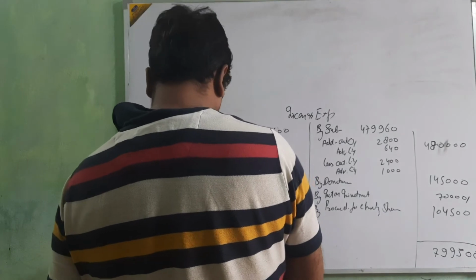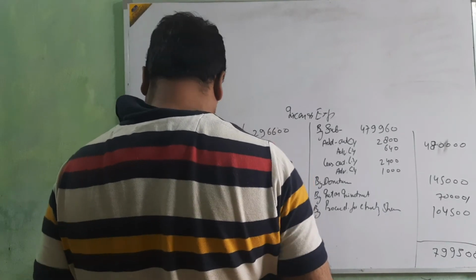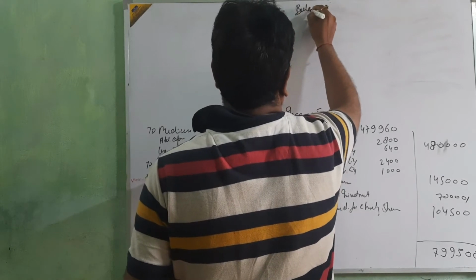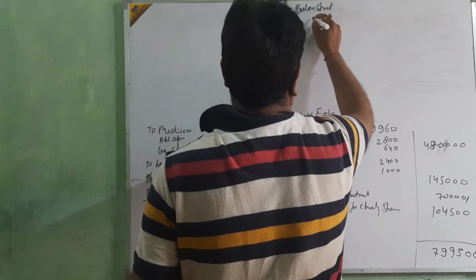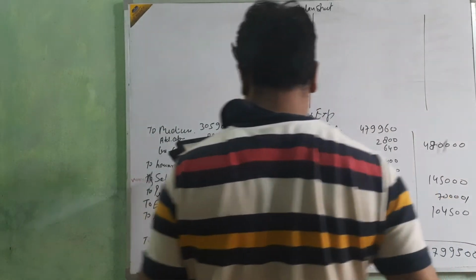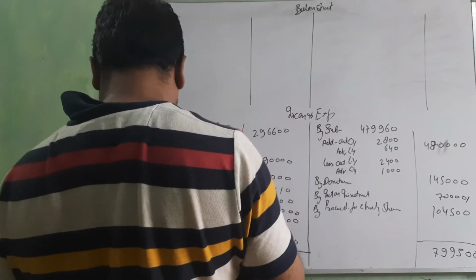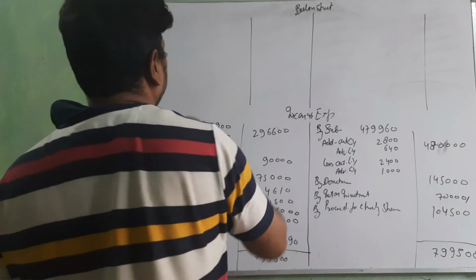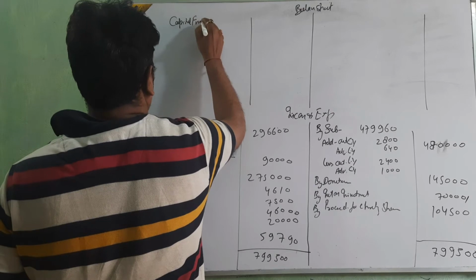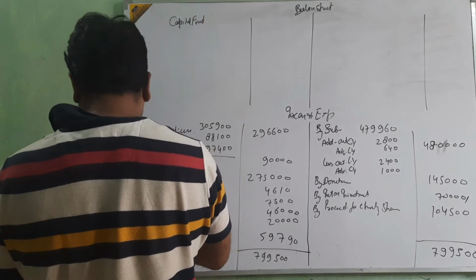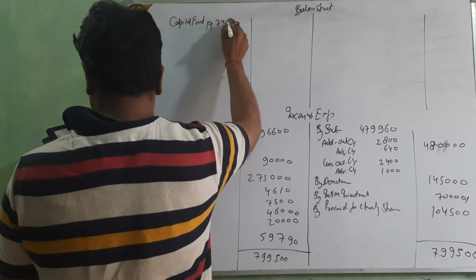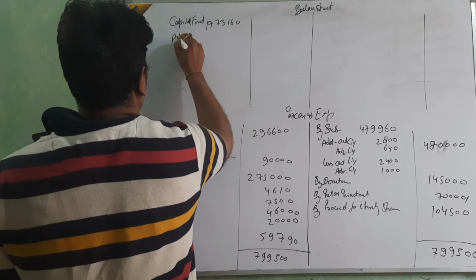Okay, see the balance sheet. First, capital fund beta, and the capital fund amount is 17,73,160.